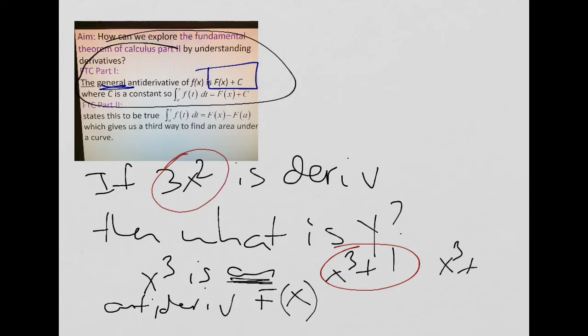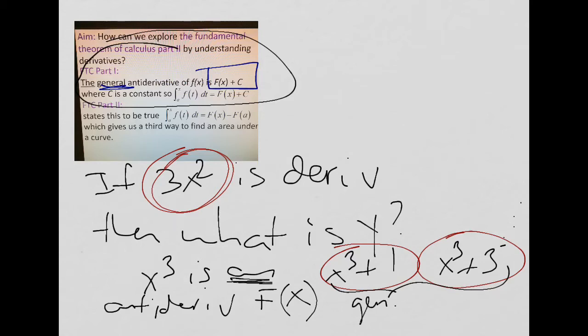x cubed plus 3 is an answer, because if you take the derivative of this, we get 3x squared. So generally speaking, it's anything with x cubed. So it could go on and on and on. I'm putting a triple ellipsis there. So that's what I mean by a general antiderivative.